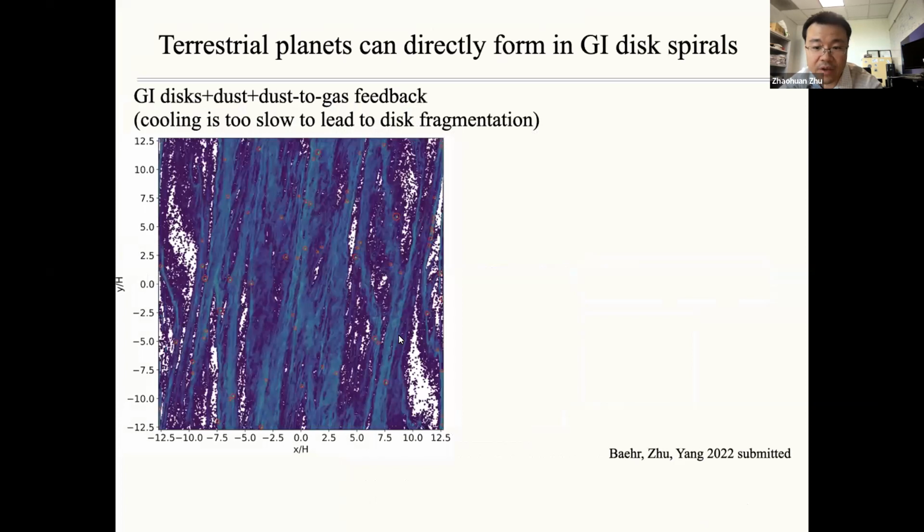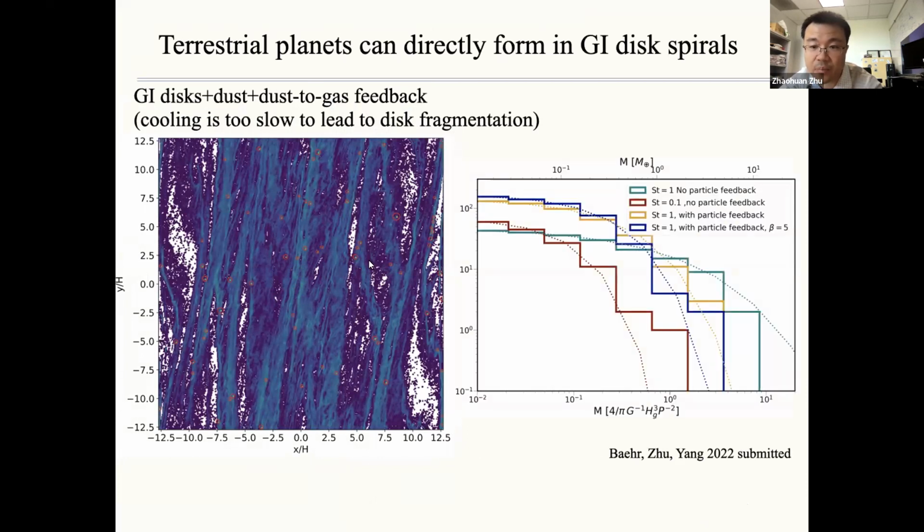So, putting everything together, we have 3D gravitational instability simulations with dust particles and dust-to-gas feedback, and the disk does not fragment into gaseous clumps, but these dust particles are concentrated in the spirals significantly enough that they form bound planetesimals or planet embryos.